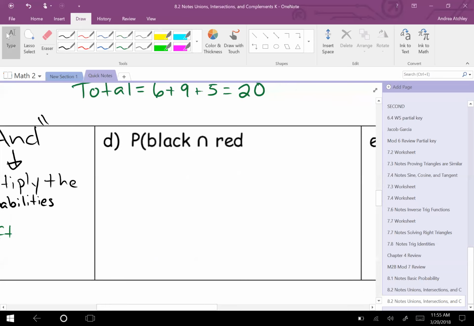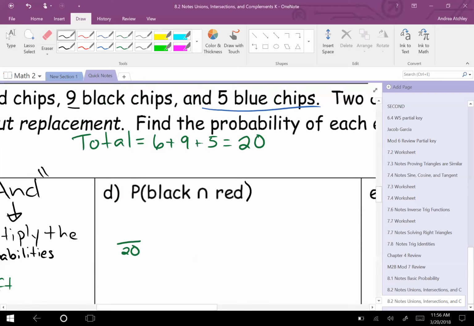Okay, next one. The probability of black and red. Okay, so again, we're starting with all the chips in my bag, so I have a total of 20 to begin with. Need to go back and find out how many black chips I have. There's 9 of them. Okay, once I pull the chip, Alyssa, how many chips do I have left in my bag now?